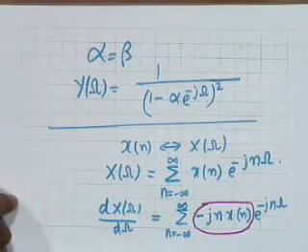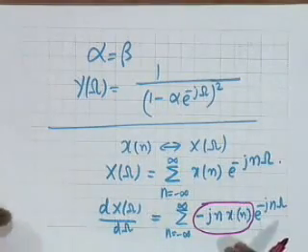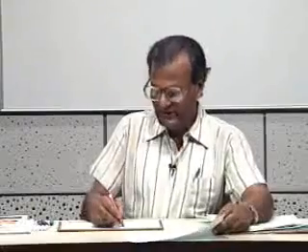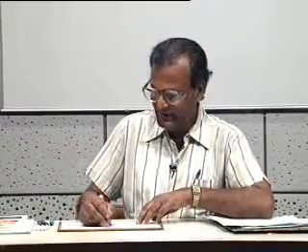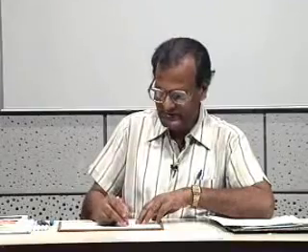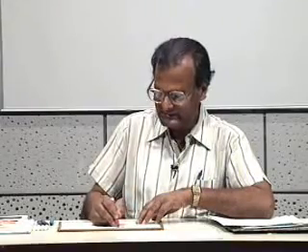Alright. So is that okay? Therefore we write this valuable relationship: if x of n and capital X of omega are pairs, then dX d omega is the pair of minus j n x of n.